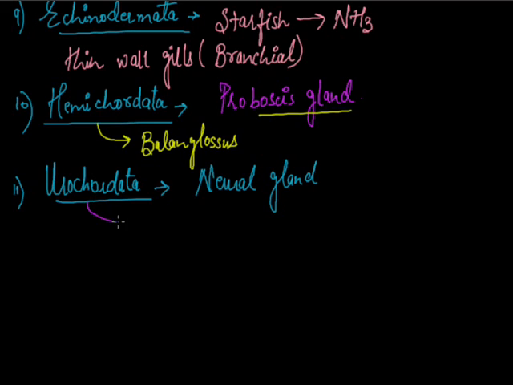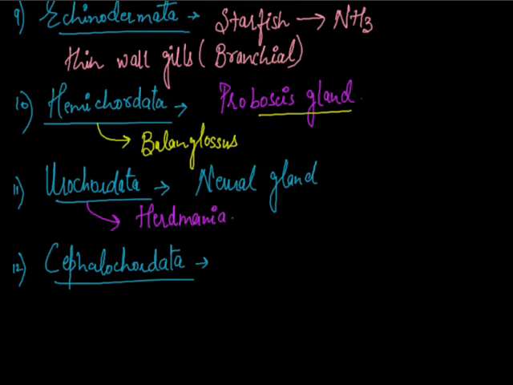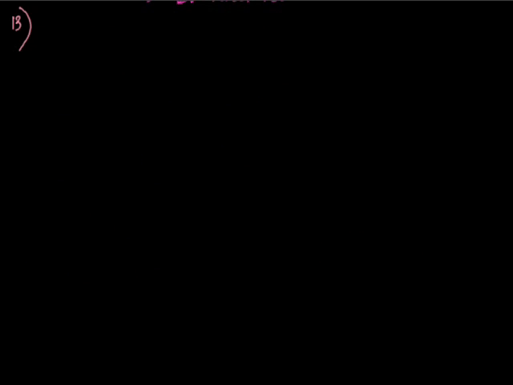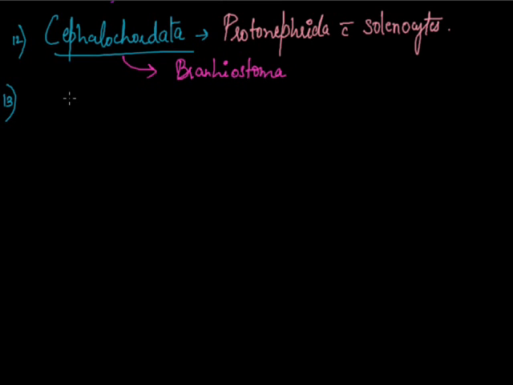The example of urochordates is Herdmania. Next class is Cephalochordata. Cephalochordata have protonephridia with solenocyte cells. The example of cephalochordate is Branchiostoma.